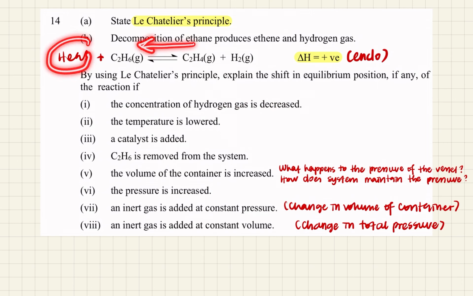Okay, awak punya heat on your left. So, bila temperature is lowered, your system will try to increase your temperature again by shifting to the left to produce more heat, since the forward reaction is endothermic reaction.